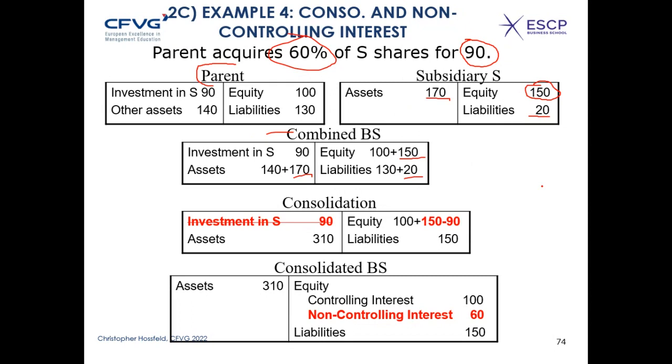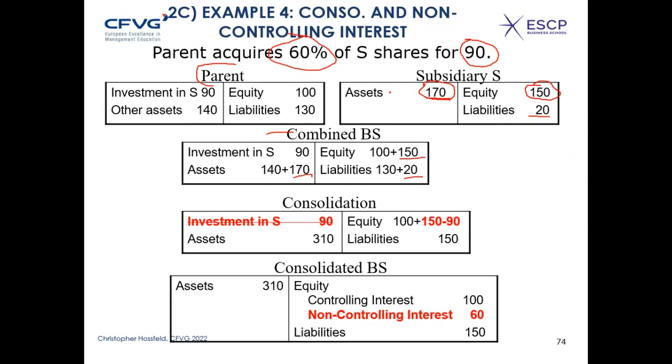And when I say I control the subsidiary, that means I control it fully. I control everything the subsidiary does, not just 60%. So for example, if I call the CEO of the subsidiary and tell him or her that I want to sell all the assets, the CEO will sell all the assets.